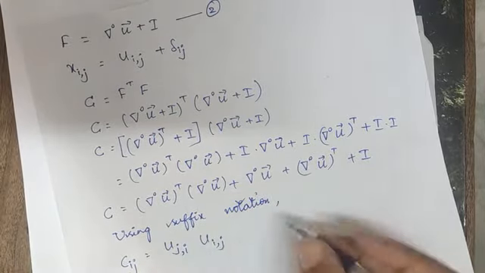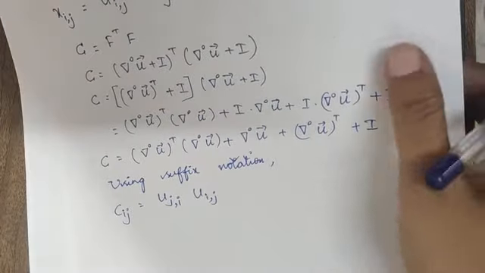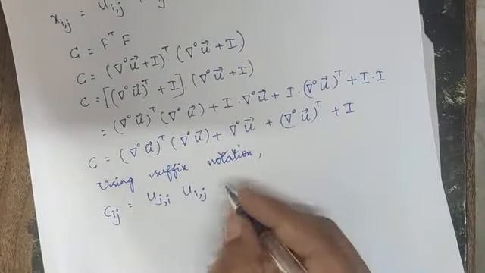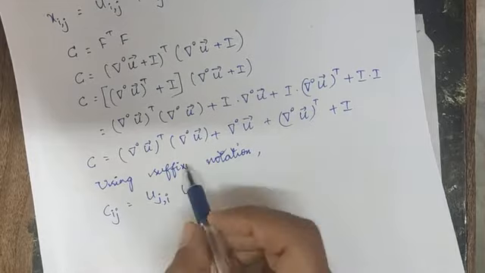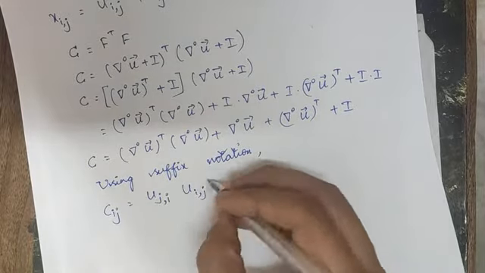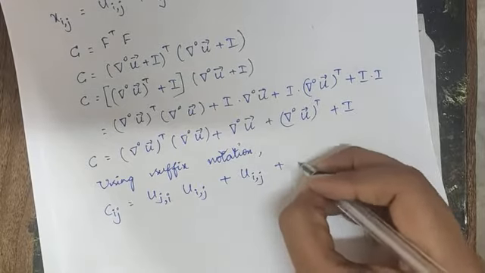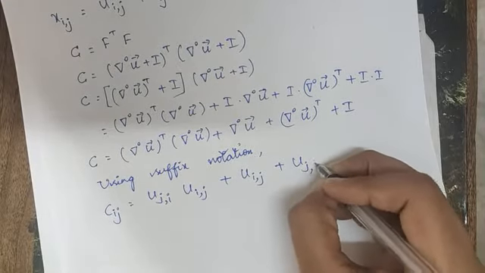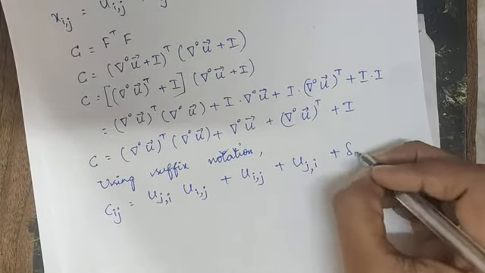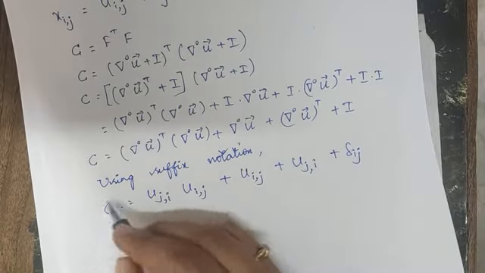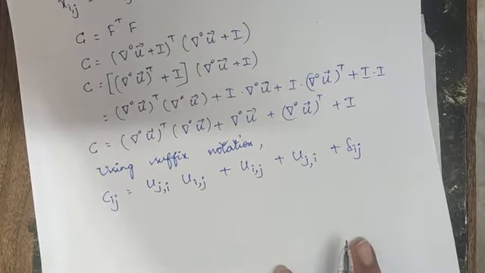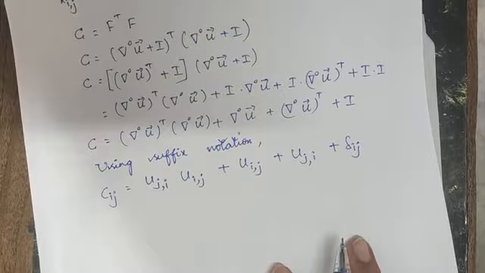Transpose means rows and columns are interchanged. So this is u i comma j, transpose is u j comma i. C ij is u j comma i into u i comma j, plus u i comma j plus u j comma i plus delta ij. This is nothing but C, Green's deformation tensor.